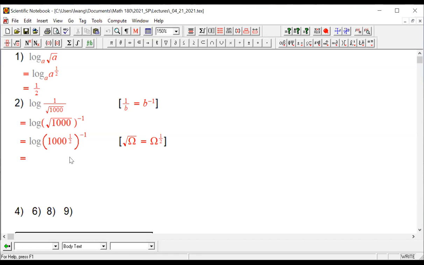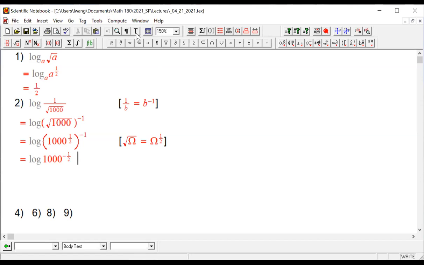The next step he did, he has log, multiply the exponents. So it's 1000 raised to the power of -half.